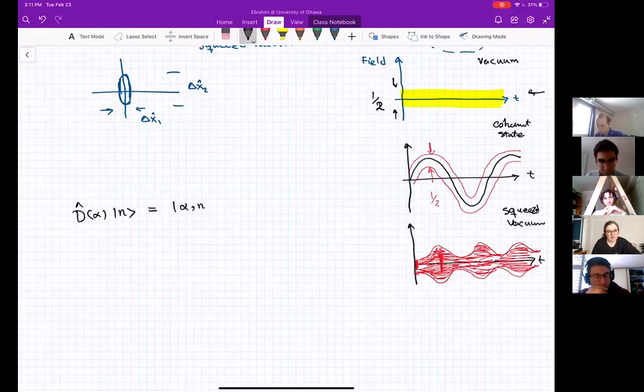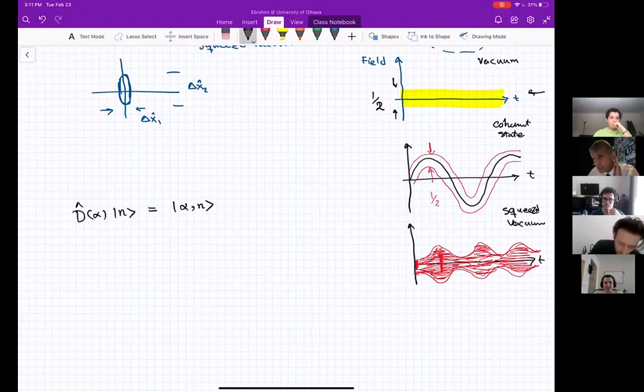I call it n. For example, you can have the state of alpha and 1, which is the single photon added coherent state. This is very important.